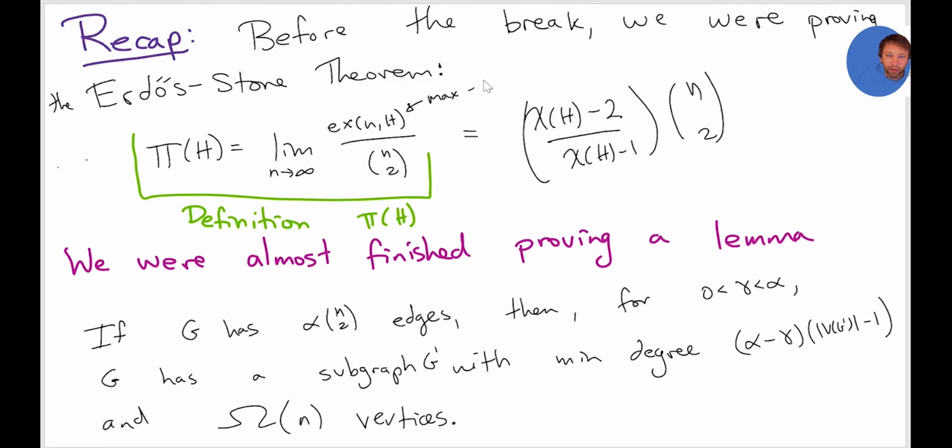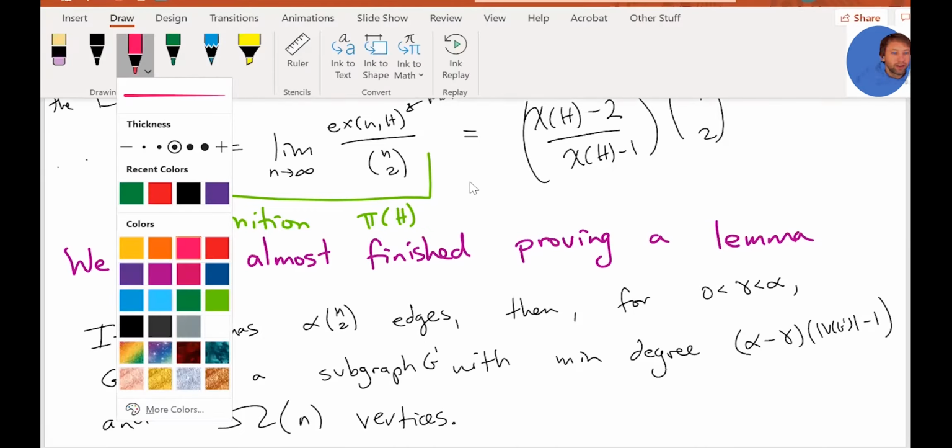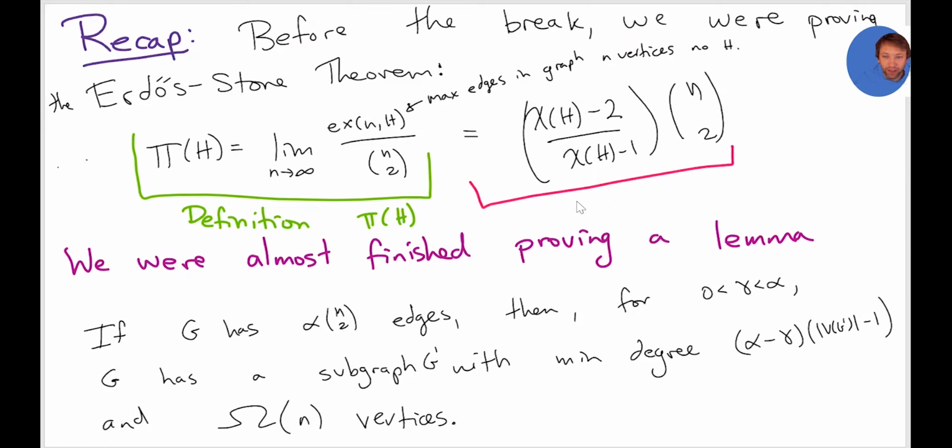The extremal number was the maximum number of edges in a graph on n vertices with no copy of H. And the theorem we were trying to prove is that this limit is just equal to this. So from this equality onwards, that's the theorem, right? This is the Erdős–Stone Theorem. Some people call it the Erdős–Simonovits theorem.